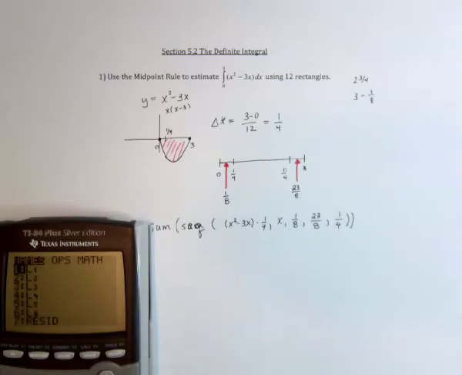Second list, go over to operations, and then sequence. I need parentheses for the x squared minus 3x multiplied with 1/4, with x going from 1/8 to 23/8, and the delta x is 1/4.